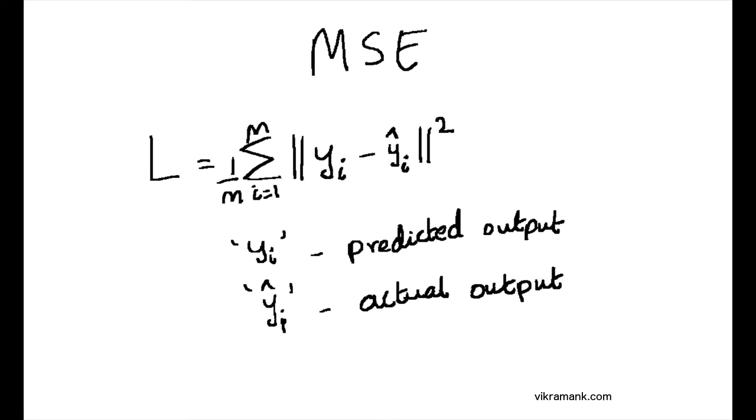The mean square error is the sum of the Euclidean distances of the difference between the predicted output and the actual output. So here yi is the predicted output and yi hat is the actual output. So I'm calculating the difference between the predicted and the actual outputs and summing it over all the examples.